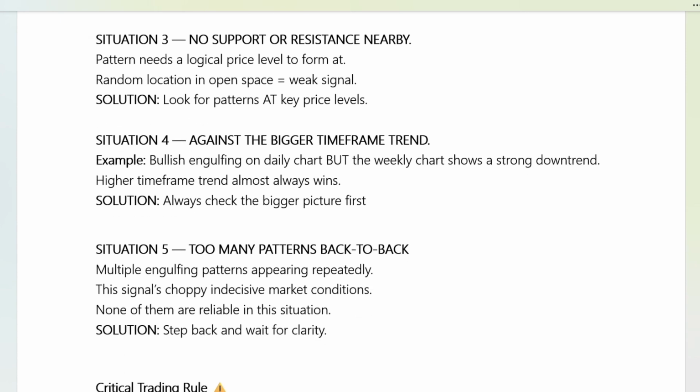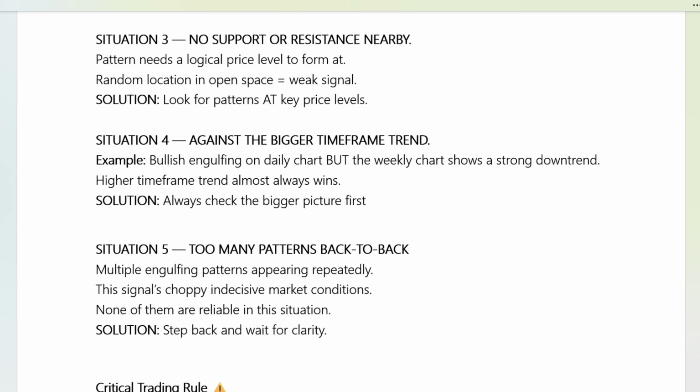Situation 3: no support or resistance nearby. The pattern needs a logical price level to form. A random location in open space equals a weak signal. Solution: look for patterns at key price levels. Situation 4: against the bigger time frame trend. Example: a bullish engulfing on the daily chart, but the weekly chart shows a strong downtrend.